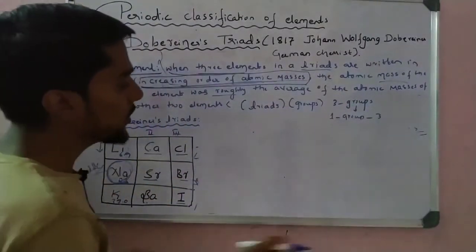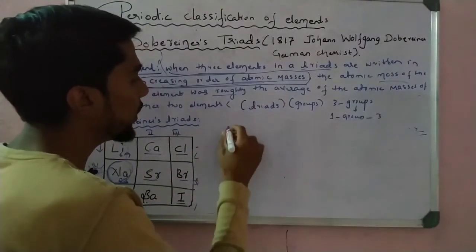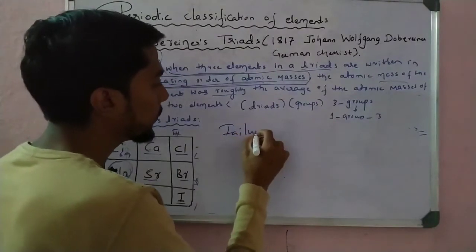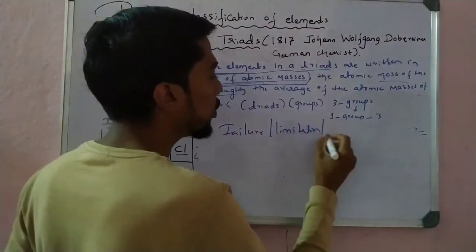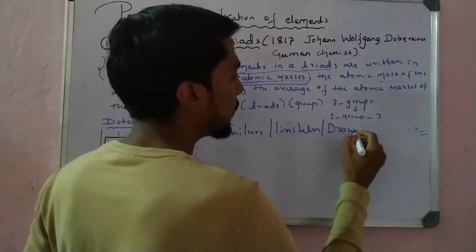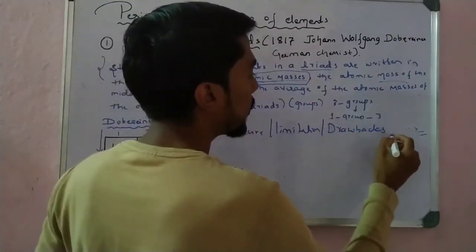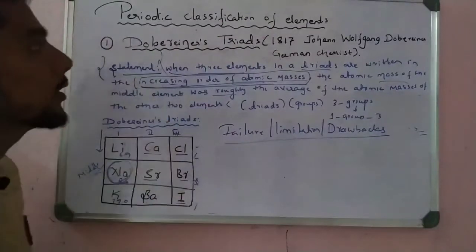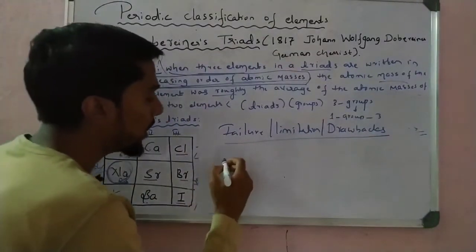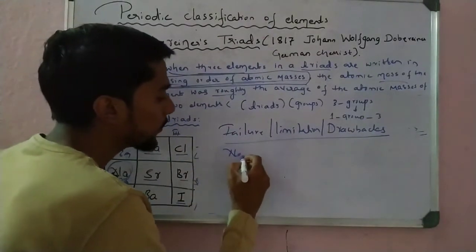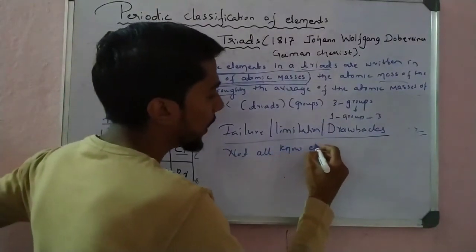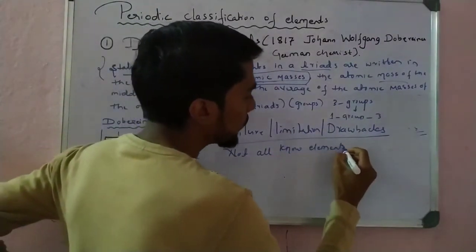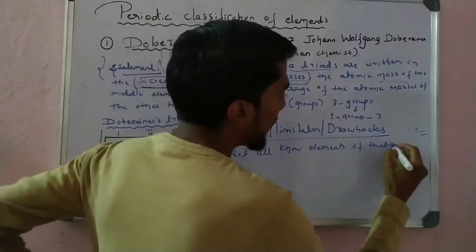The limitations, that is, the failure or drawbacks of the Dobereiner triads. The drawback is that not all known elements of that time could be classified.